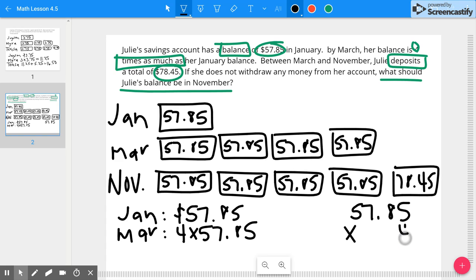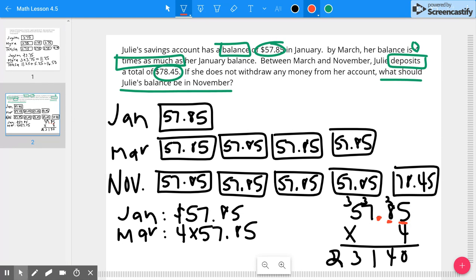And when you do the math on that, remember, let's put it over here, $57.85 times 4. So I forget about the decimal point and I multiply like normal. So 4 times 5 is 20. 4 times 8 is 32, plus 2 is 34. 4 times 7 is 28, 29, 30, 31. And 4 times 5 is 20, plus 3 is 23. Now I need to look at where my decimal point is. I have one number and another number after my decimal point.